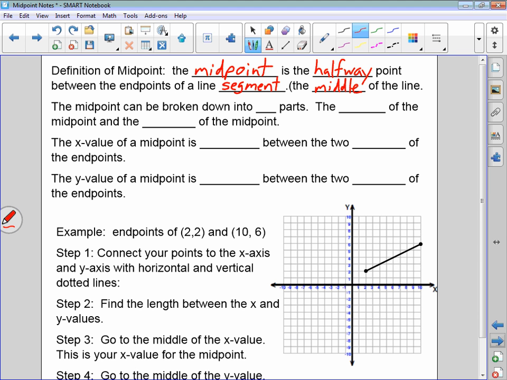And the midpoint itself can be broken down into two parts. The x value of the midpoint and the y value of the midpoint.